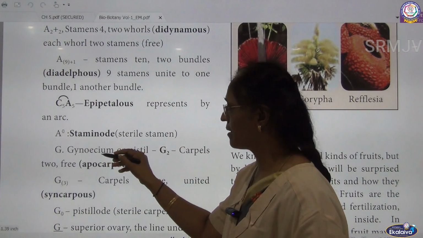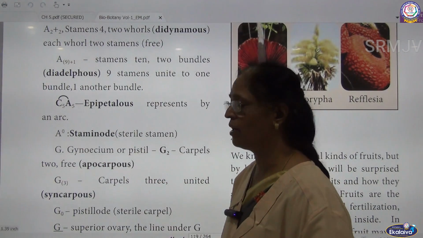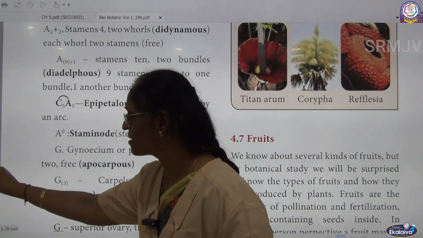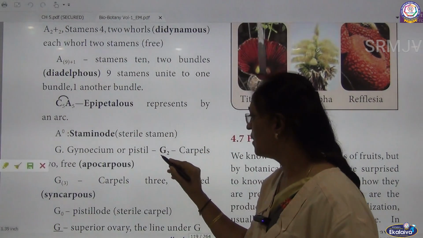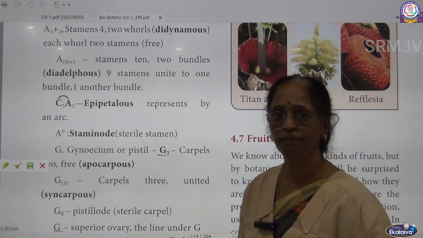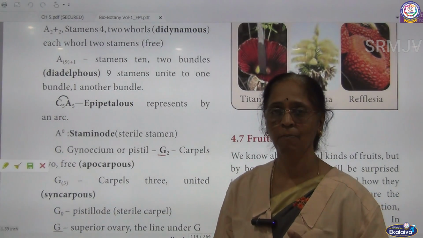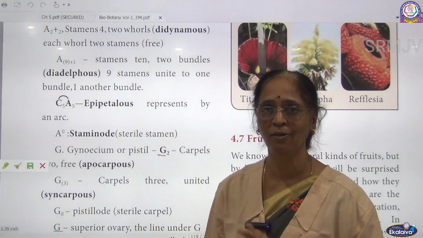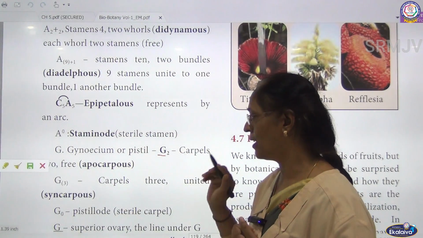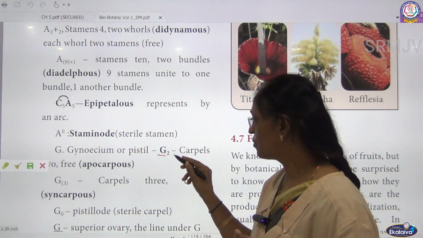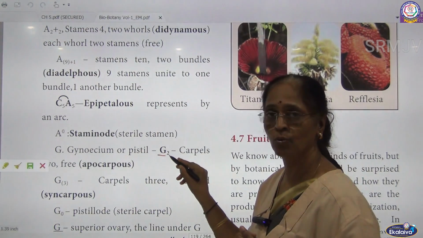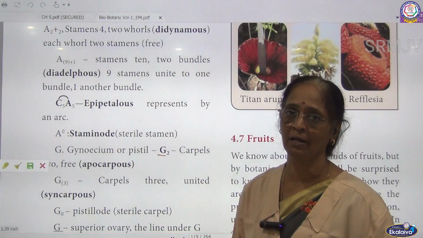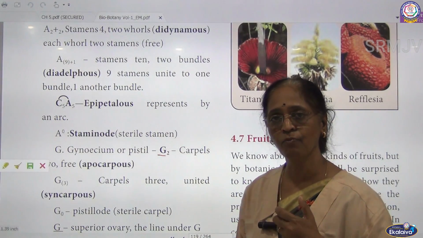The next part of the flower is what we call the gynoecium or pistil, and this gynoecium or pistil is represented with the letter G. And here again, how many carpels are there? The number may vary from one flower to another, and that number we put. If the carpels are 2, you put 2, and you don't do anything else, then it is understood it is apocarpous, that is, the carpels are free.